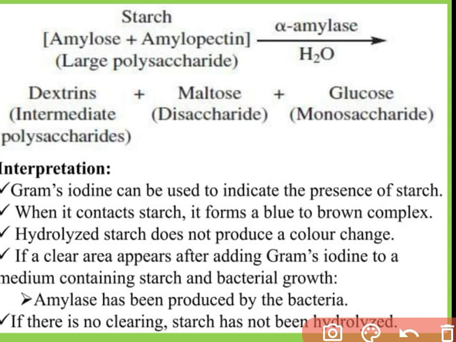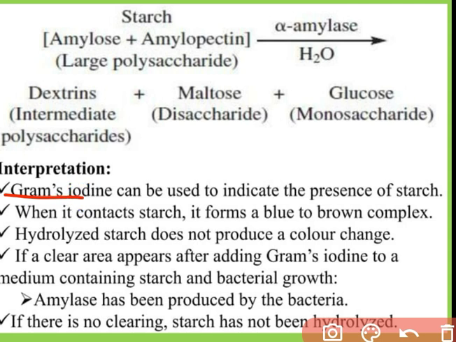For the interpretation, to perform this experiment, the medium used is a starch agar medium, and in the medium there is starch as a substrate for the activity of amylase. Starch gives a blue color in the presence of Gram's iodine or iodine.